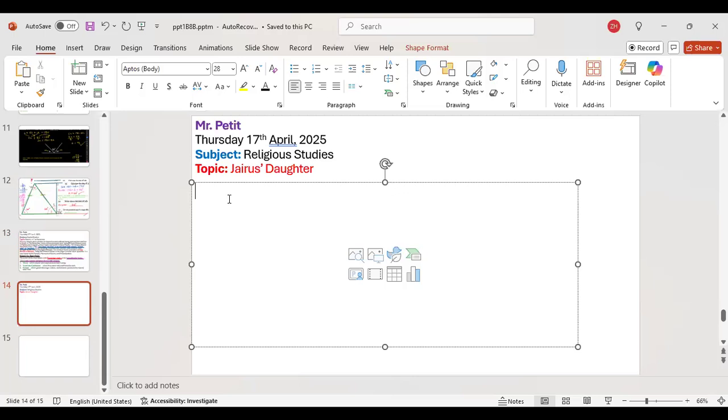Jairus's daughter. So who was Jairus? He was a leader in the local synagogue.